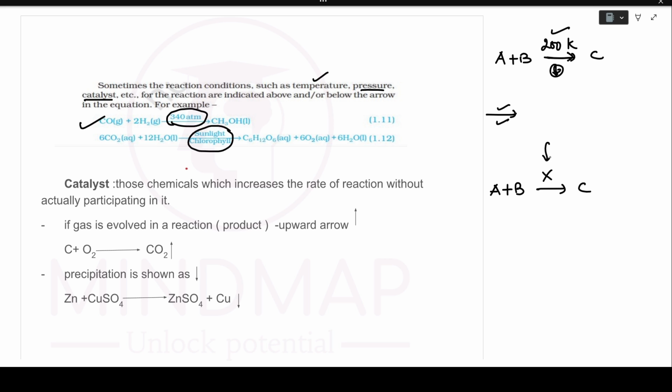This kind of chemical used to increase the rate of reaction is known as a catalyst. And these catalysts do not participate in the reaction. It will not be shown on the product side. It will just increase the rate.